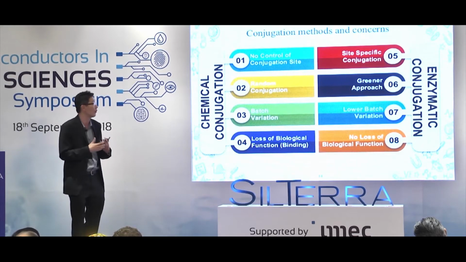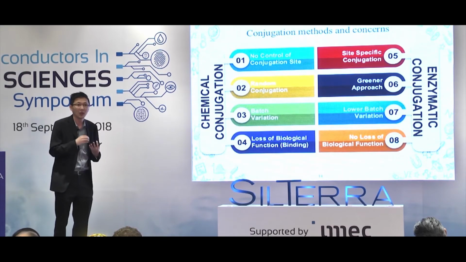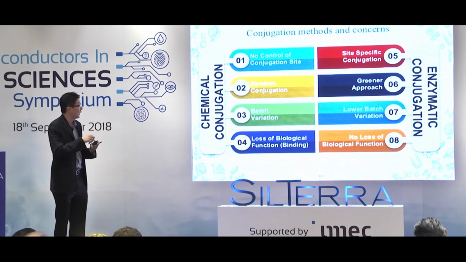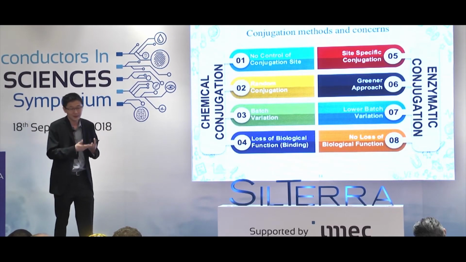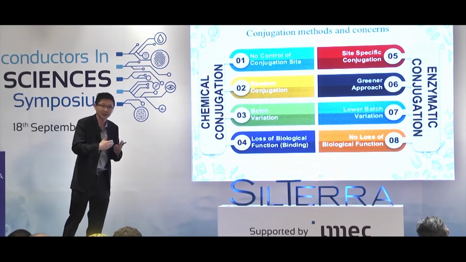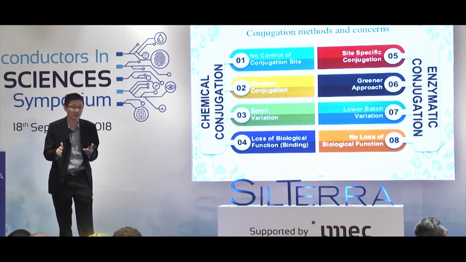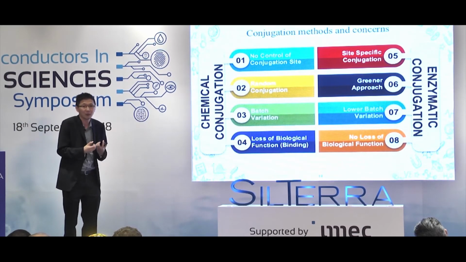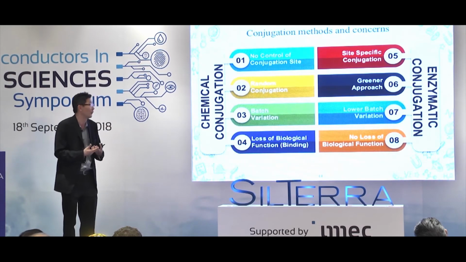In our lab, we focus more on enzymatic conjugation. We use natural enzymes to cleave proteins at certain positions to allow them to attach themselves covalently onto a surface. We prefer enzymatic conjugation because that's where our understanding is, number one.